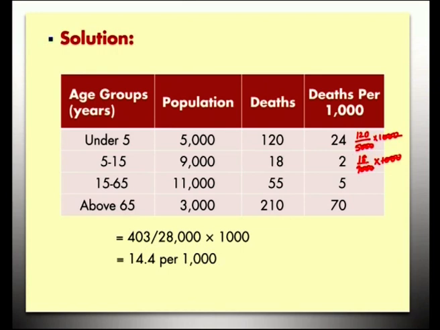So, 18 by 9 is 2, like that the values are calculated. And next CDR, crude death rate, is equal to total deaths, which is 403, and total population, 28,000, into 1000. So, 403 by 28,000 into 1000 is equal to 14.4 per 1000. Hence, we have calculated CDR for this problem.